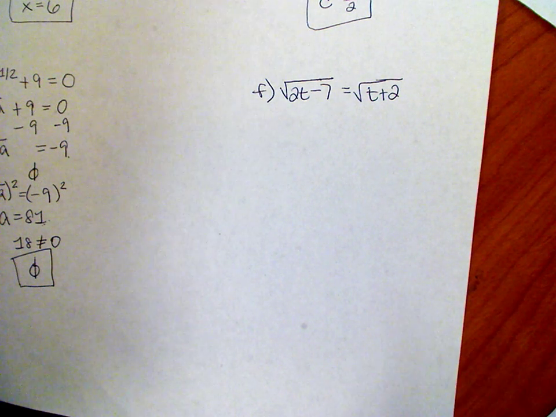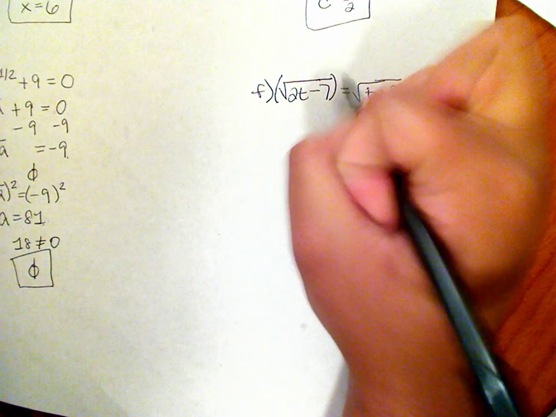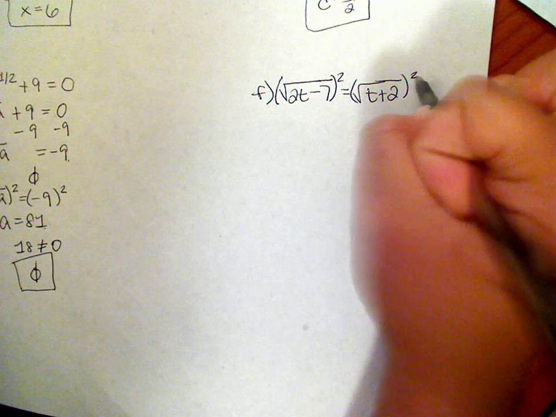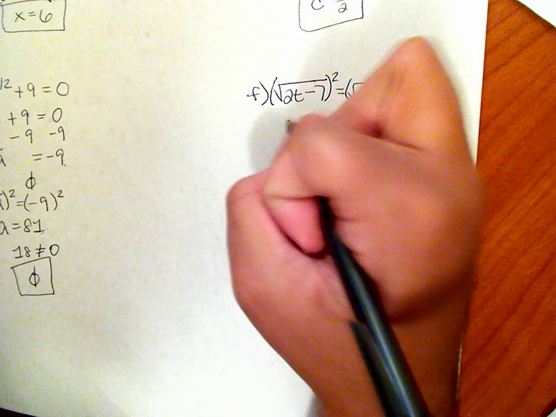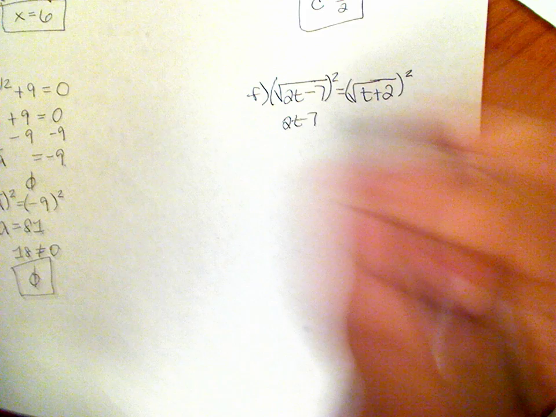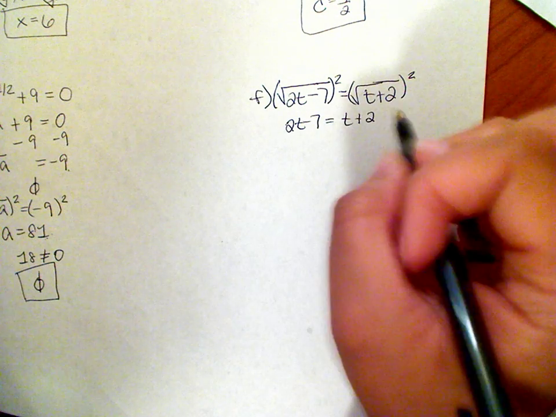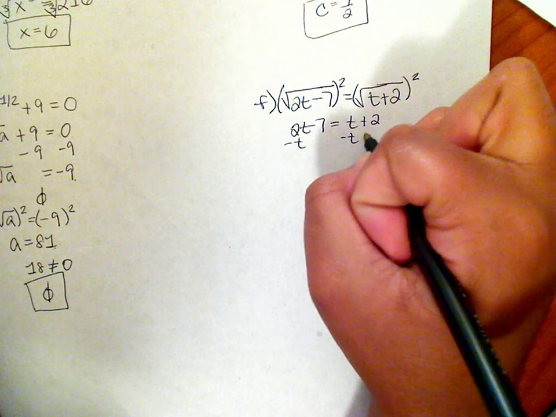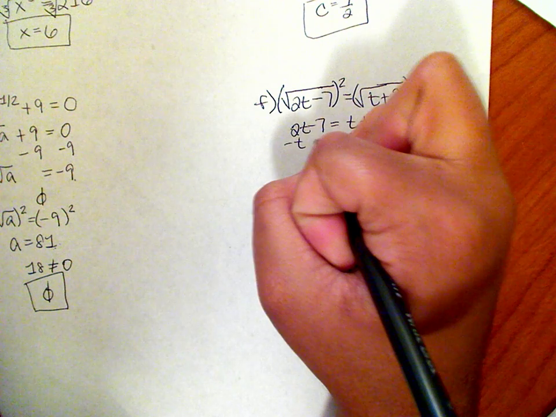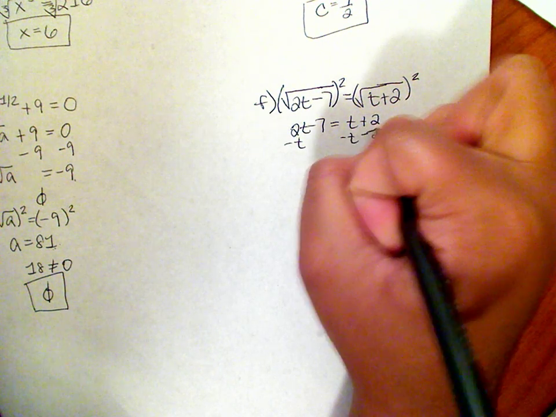So when we have a square root on both sides, we just square both sides. So then the square root and the square cancel, so we're left with 2t minus 7 equals t plus 2. So we're going to subtract t from both sides. Wait, no, we're not going to subtract 2 from both sides.